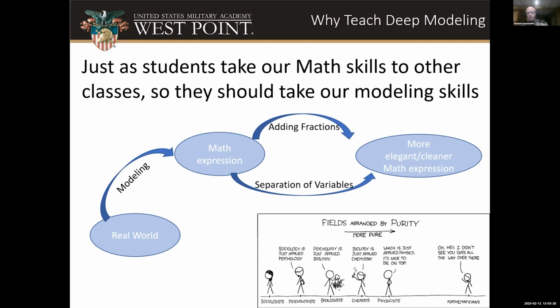And then when they see in physics that there's some sort of math, some sort of equation they're arriving at, that they can understand behind that someone did a lot of work to actually do the modeling, and they can start understanding behind every other physics, chemistry, sociology, whatever course they happen to be in, that behind that math is the true model. And so if we teach the model in depth, we hope that they understand more closely what it is to model correctly, and more effectively how to understand the real world around them.